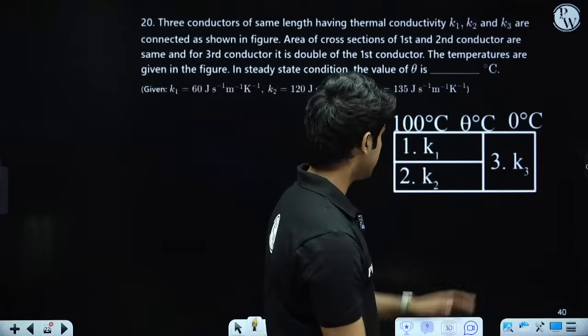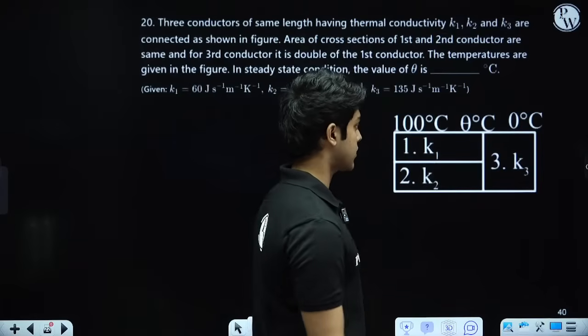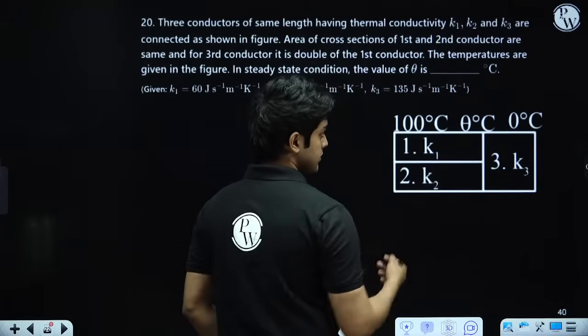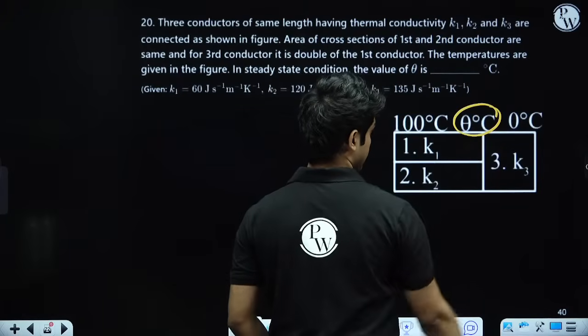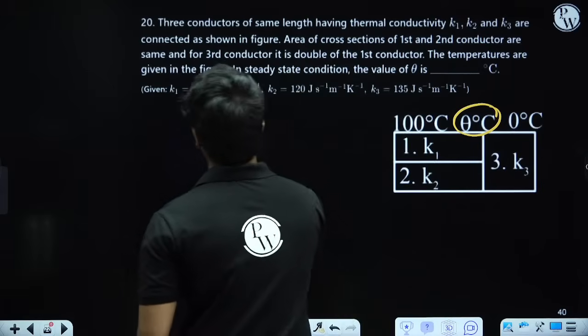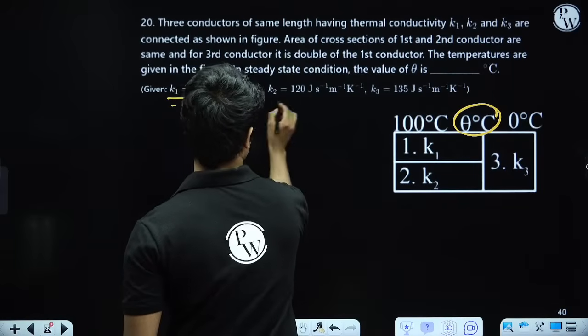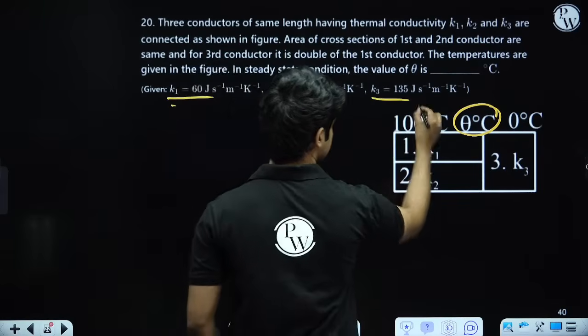Steady state means at each and every point the temperature is constant once steady state is achieved. So this theta is what we have to find. What is given to us is K1 is 60, K2 is 120 and K3 is 135.